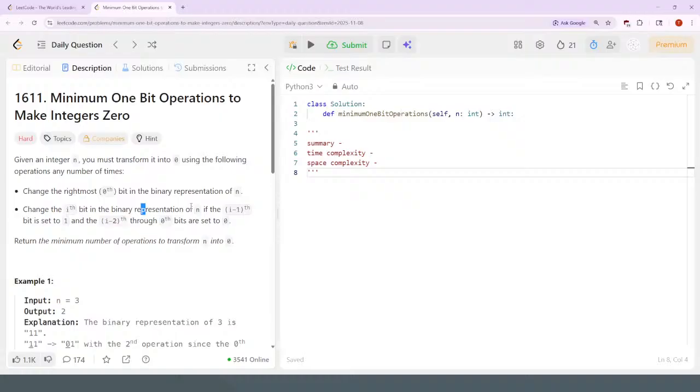So you're toggling it a lot as well. You're toggling the ith bit if the bit right of it is 1 and a bunch of zeros after. Okay, I think I can understand that.